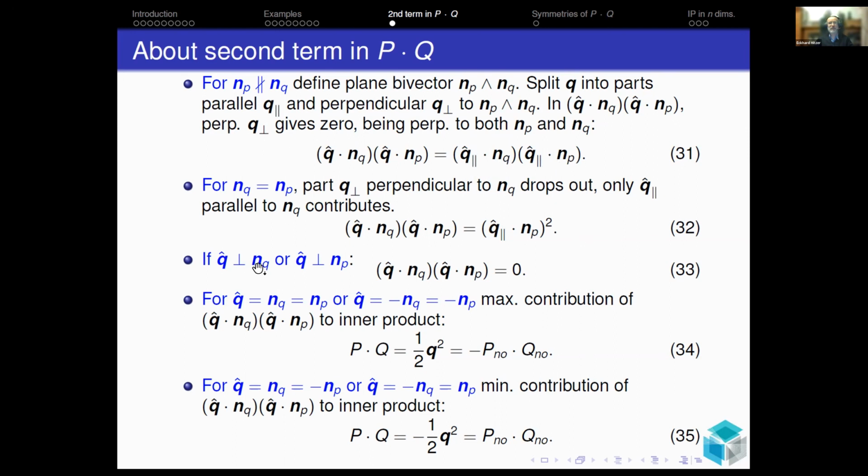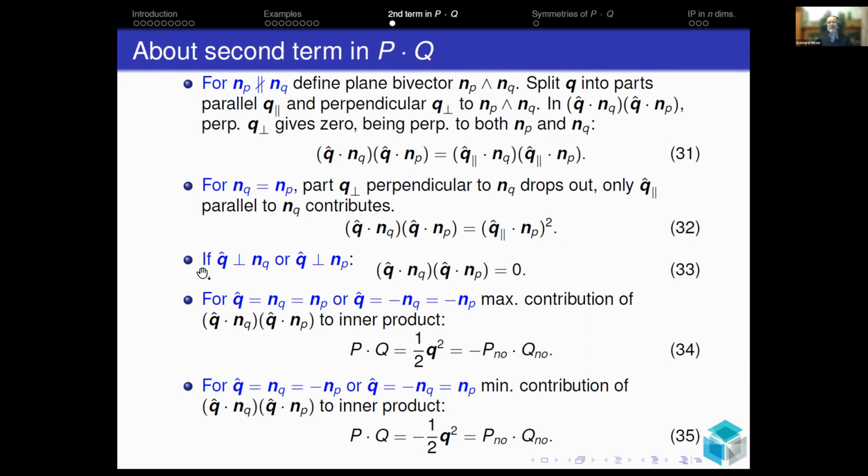and NQ. If the two vectors are the same, so the orientations agree, then we can split Q into a component perpendicular to this vector and parallel to it. And again, the perpendicular component drops out in the computation.